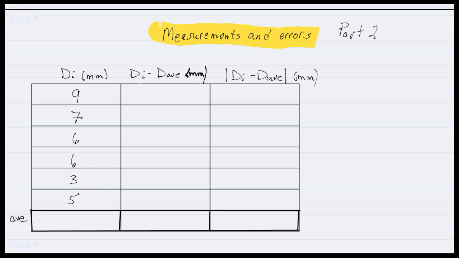You see we have varying numbers here in our measurement. A difference between the 9 and 3 might seem extreme, but sometimes you might find these large variations. So one way we can estimate an error is to first find the average of these numbers.